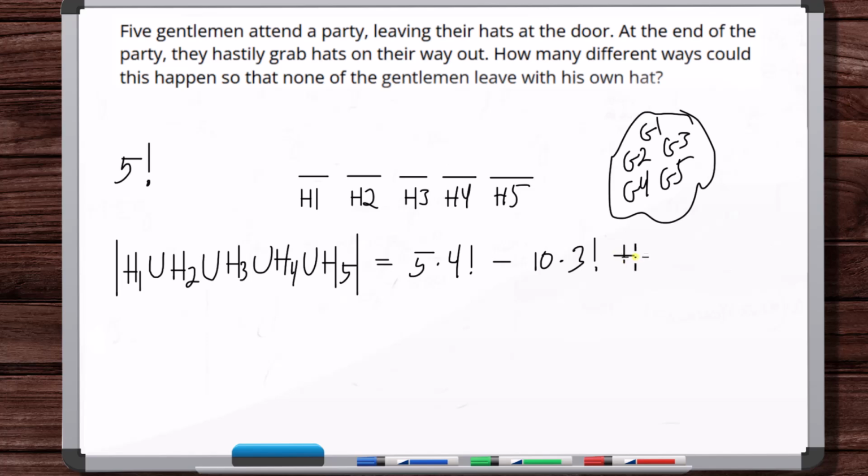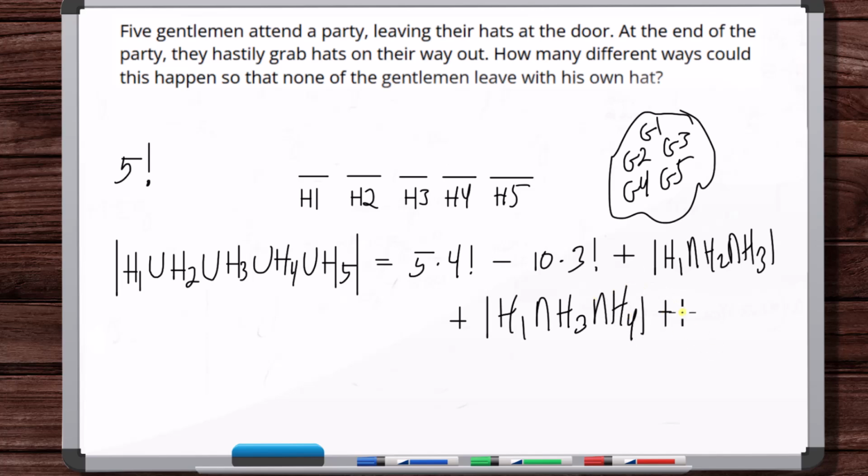Okay, now we add all of the intersecting triples, right? So we add H1 intersection H2 intersection H3 plus H1 intersection H3 intersection H4 plus H1 intersection H2 intersection H5, etc. But what's the total number of these going to be?